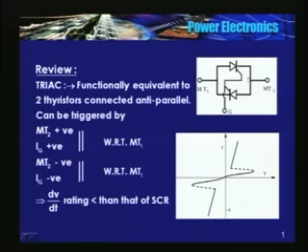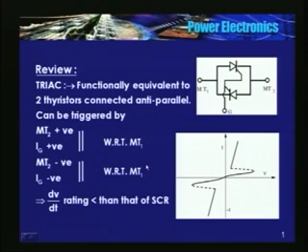I told you that this device can be triggered by making MT2 positive with respect to MT1 and supplying a positive gate current with respect to MT1. Okay, so in this condition, MT2 is positive and Ig is positive with respect to MT1.